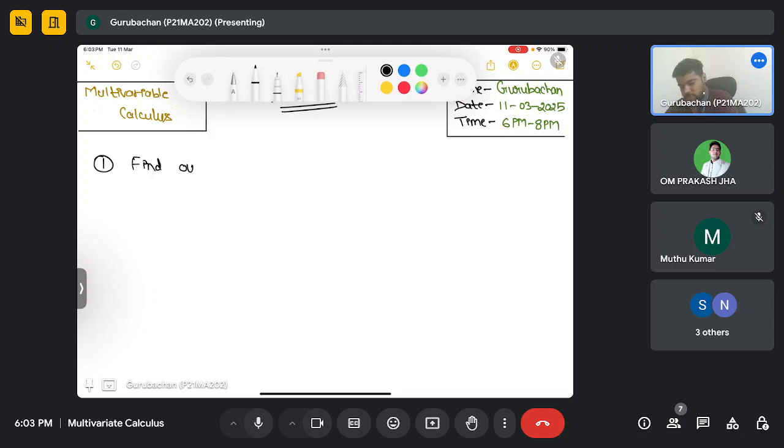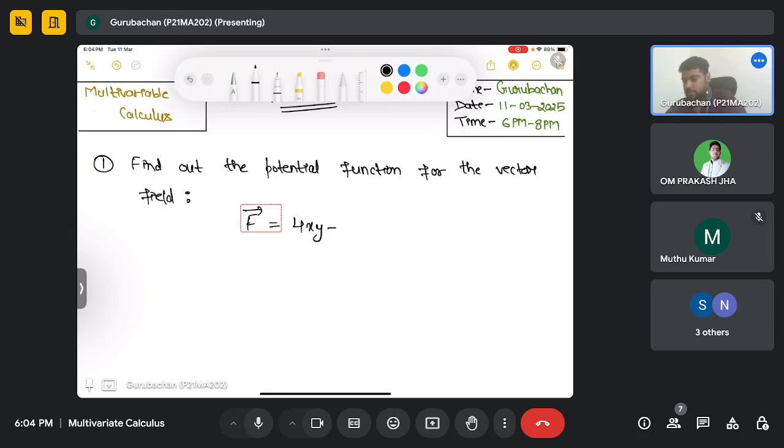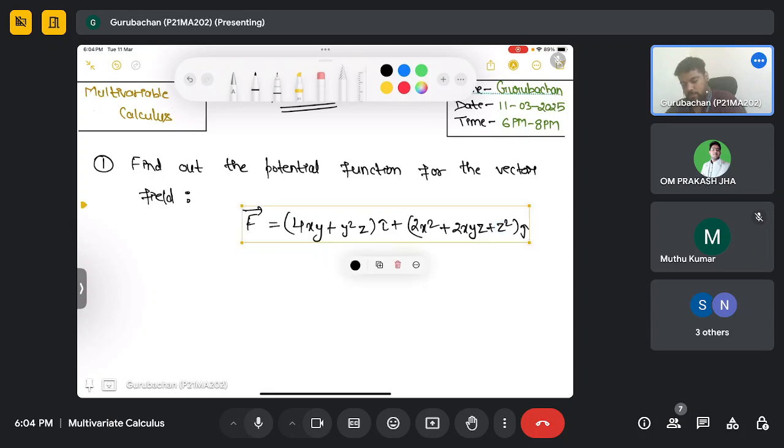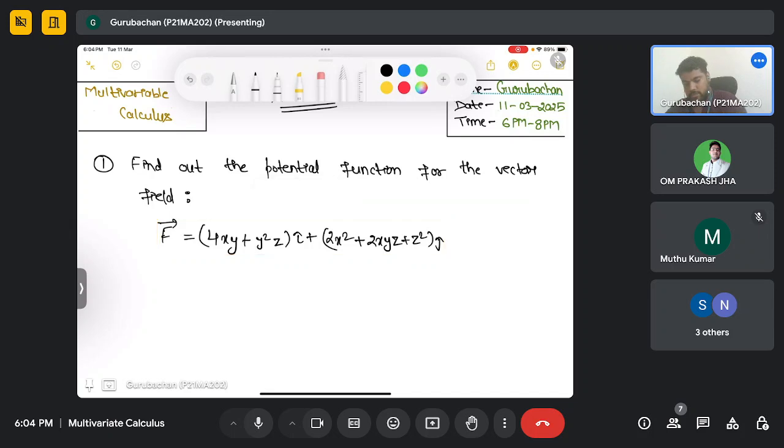Find out the potential function for the vector field F is equal to (4xy plus y square z) i cap plus (2x square plus 2xyz plus z square) j cap plus (xy square plus 2yz) k cap.